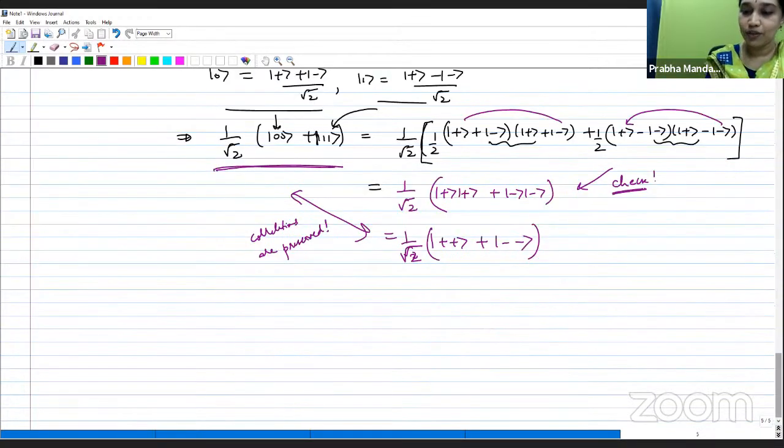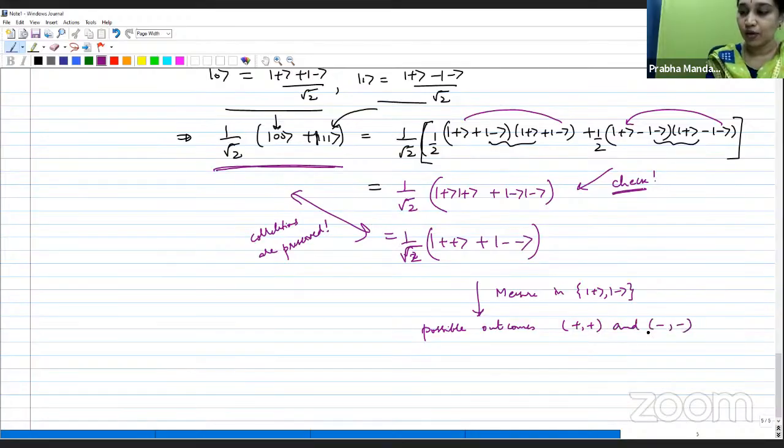So now if I measure this state in the plus-minus basis, you notice that again the possible outcomes can only be plus and minus. They're perfectly correlated outcomes. If the first qubit gave you a plus, the second has to give you a minus. If the first qubit gave you a minus, the second has to give you a plus, and so on.